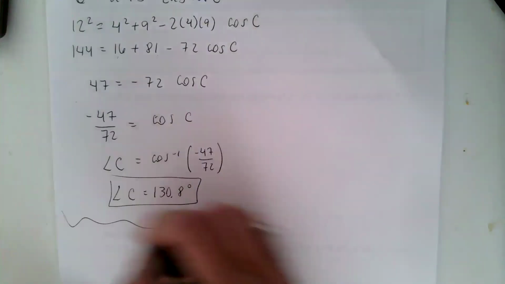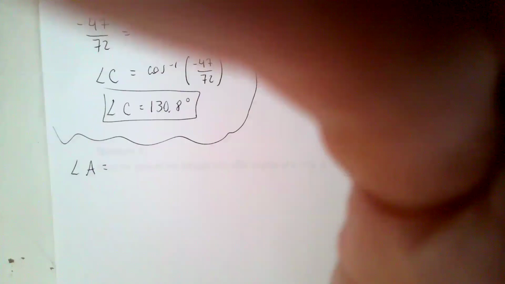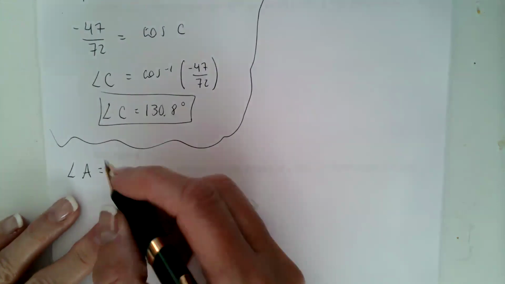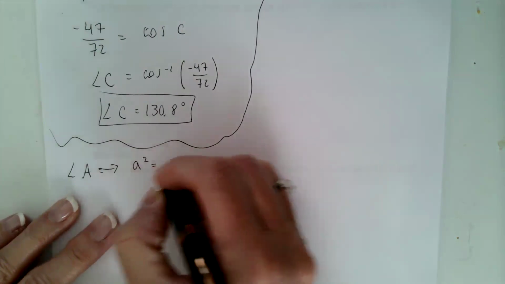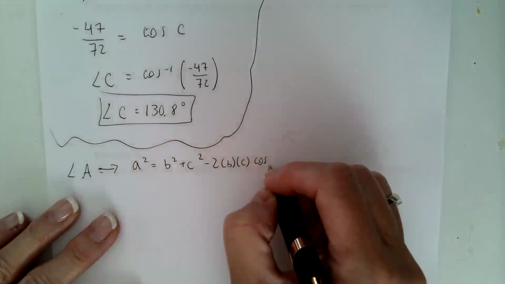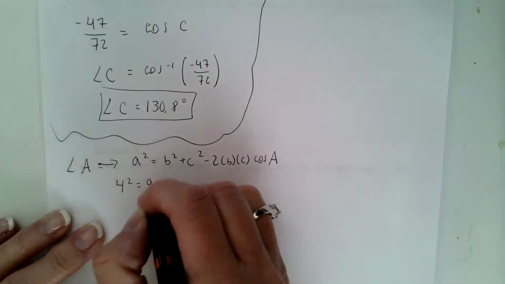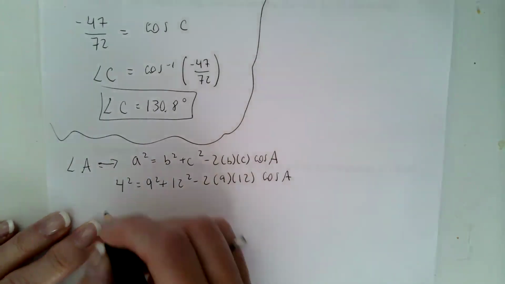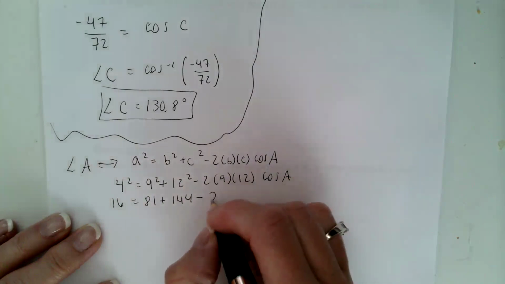So I'm going to find angle A. To find angle A, we've got a squared equals b squared plus c squared minus 2bc cosine of angle A. So we've got 4 squared equals 9 squared plus 12 squared minus 2 times 9 times 12 cosine A. So 16 equals 81 plus 144 minus, what is this, 108? So 216.